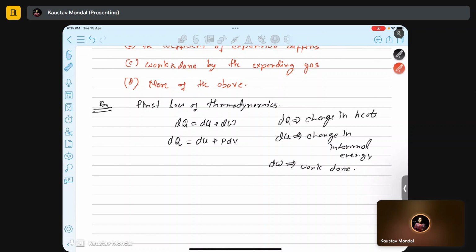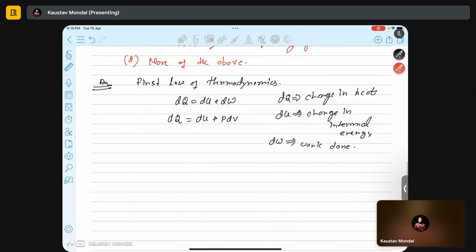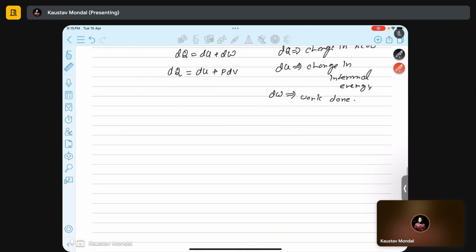In the question it says constant volume. Our main goal is first to derive the specific heats at constant pressure and constant volume. The first case we consider is constant volume. For this, dV is taken as 0, dq equals du plus dw.